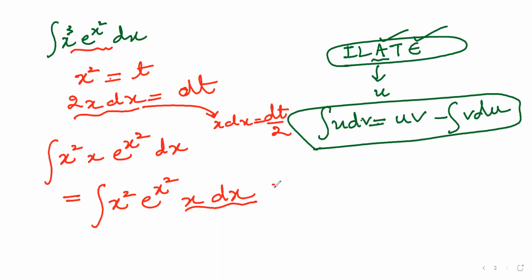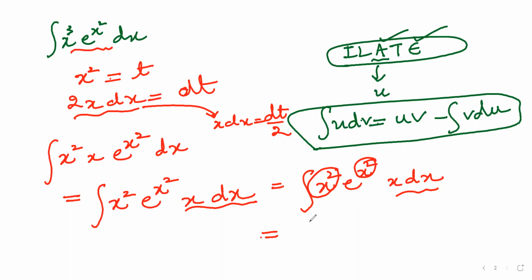So that will be integral x square e to the power x square. I'll just write it in a form that I can understand. So in the place of x dx, dt over 2. I'm going to write x square as t. That's my substitution, isn't it?